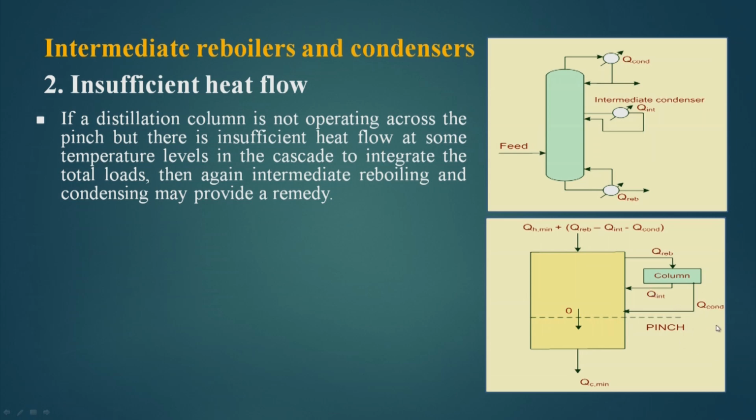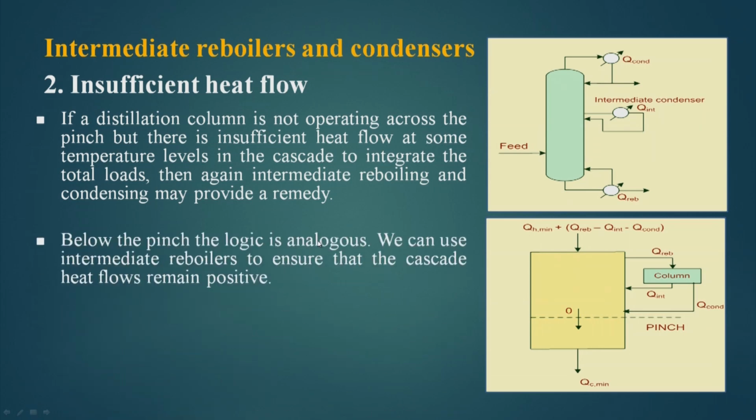So, if I break this load into 2-3 parts, then again I can guarantee heat flows. So, this is what is shown here. If a distillation column is not operating across the pinch, but there is insufficient heat flow at some temperature levels in the cascade to integrate the total load, then again intermediate reboiling and condensing may prove a remedy.